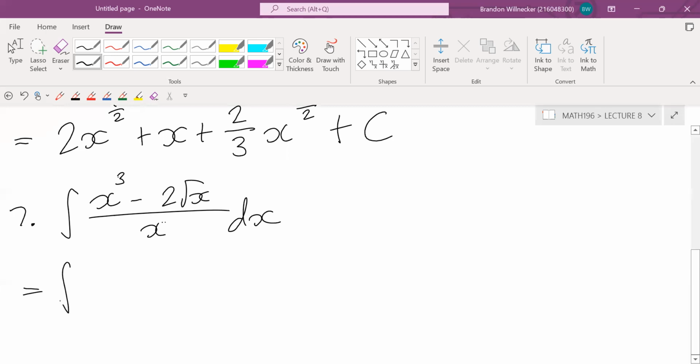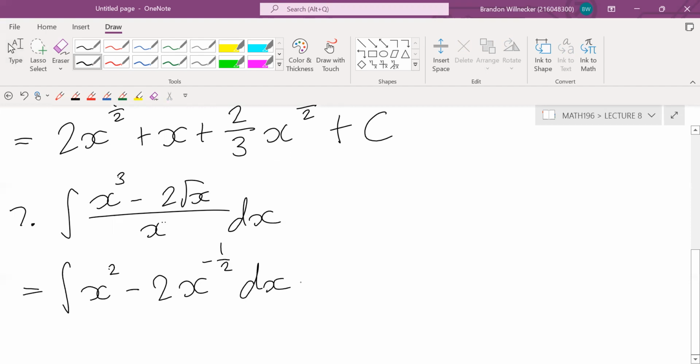Okay, so x cubed over x, one of the x's is going to cancel, so we're left with x squared, minus, we're going to have root x, which is x to the 1/2, divided by x, so it's 1/2 minus 1, it's minus 1/2, so we're left with 2x to the minus 1/2, dx.